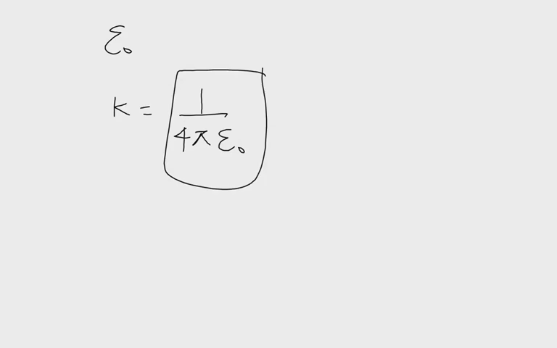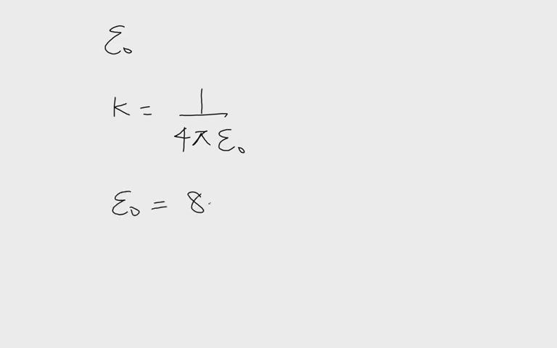Now epsilon naught, remember, can be gotten from k in Coulomb's law. k is 1 over 4 pi epsilon naught. Here epsilon naught is equal to 8.85 times 10 to the power minus 12.